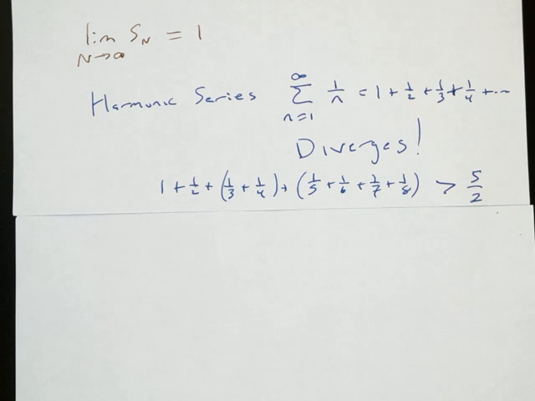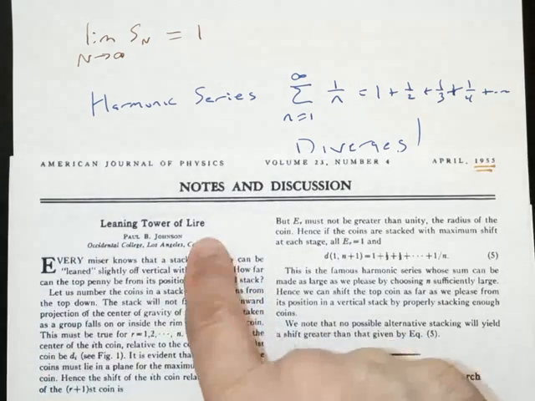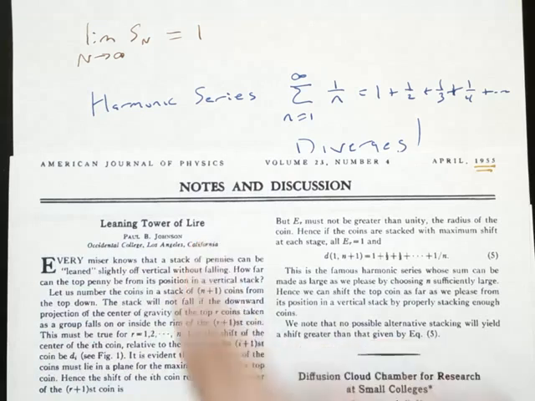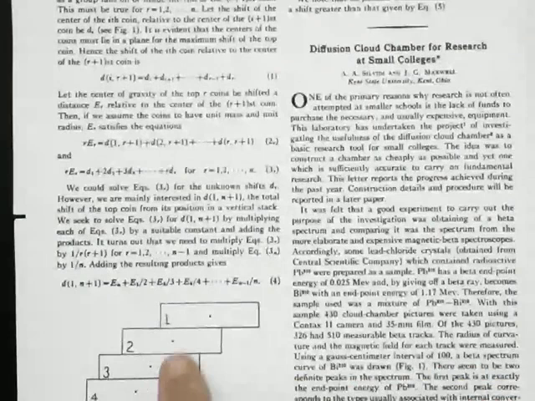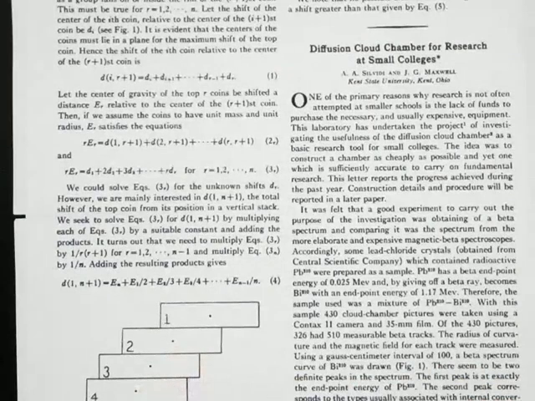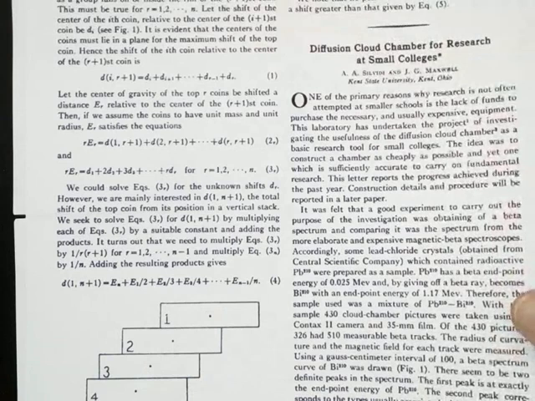This particular result is from 1955, the Leaning Tower of Lira coins from Italy. Do you see the picture? There's 1/2 unit there, 1/3 unit there, 1/4, 1/5. That's the harmonic series, exactly as I wanted it. You could do it with Legos too, if you didn't click them together, if you just stacked them on the smooth sides. You could make a bridge that went as far over as you want without ever actually clicking them together.